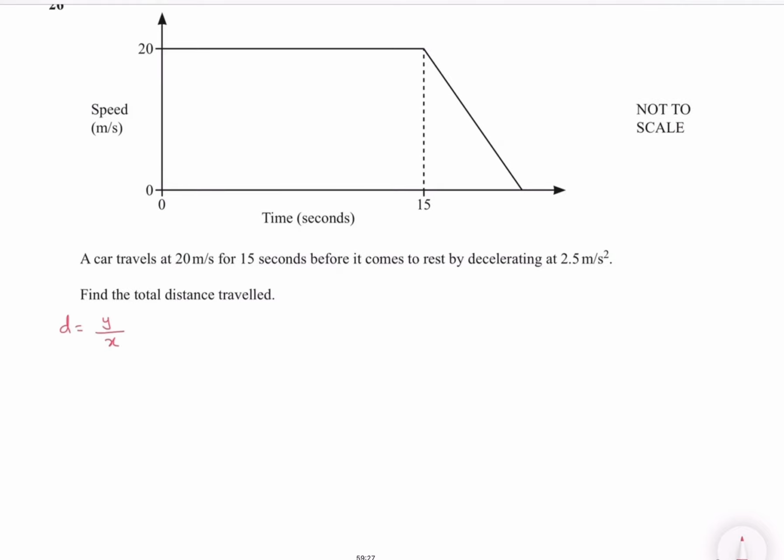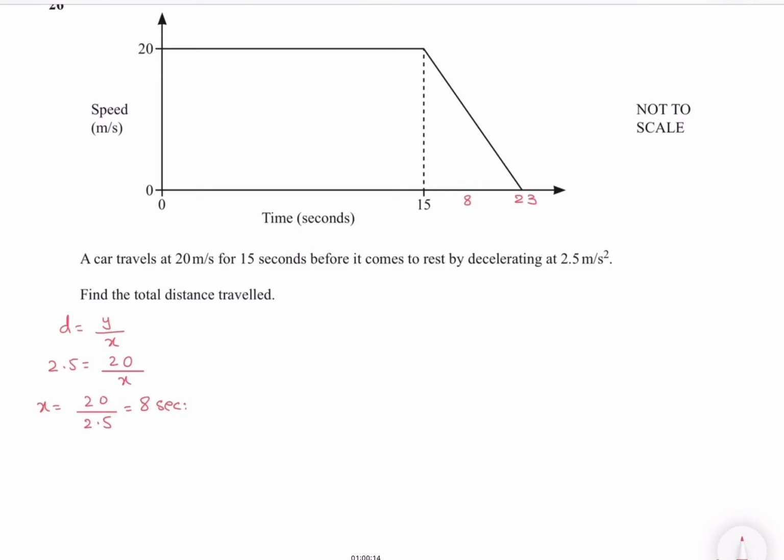So you write d is equal to y over x. So d is given, d means deceleration. 2.5 equals y is your 20 and x is your time. So your x is 8 seconds. So you write 8 here and add 8 to 15, so 23. Total time it took is 23 seconds.